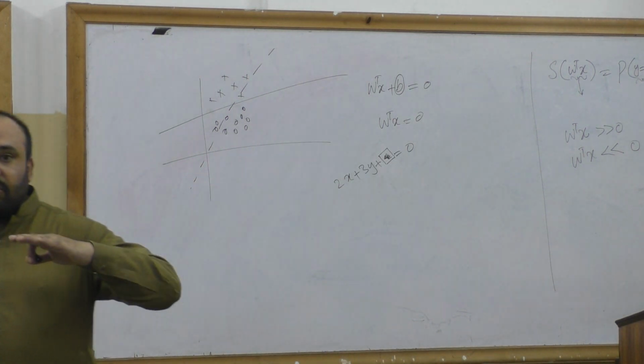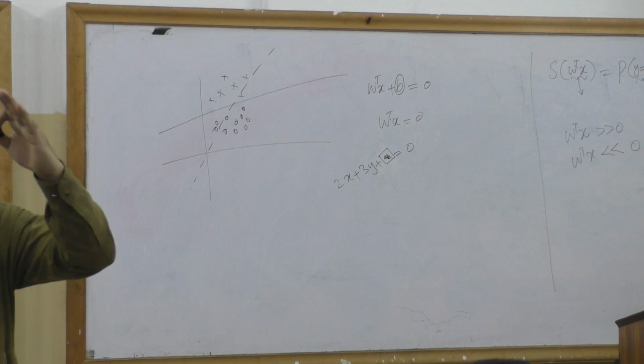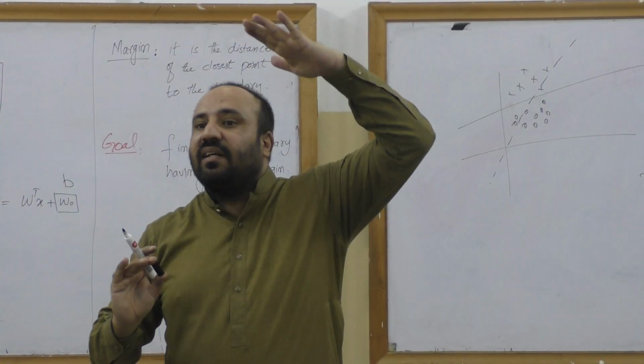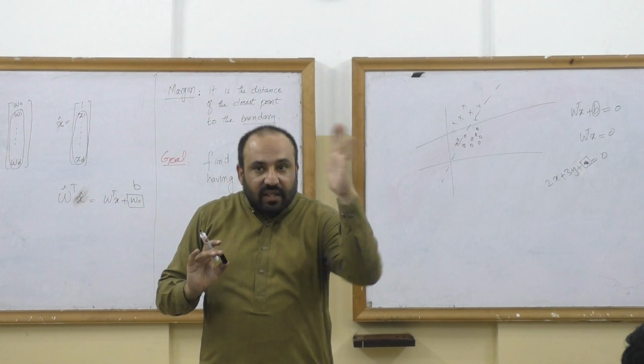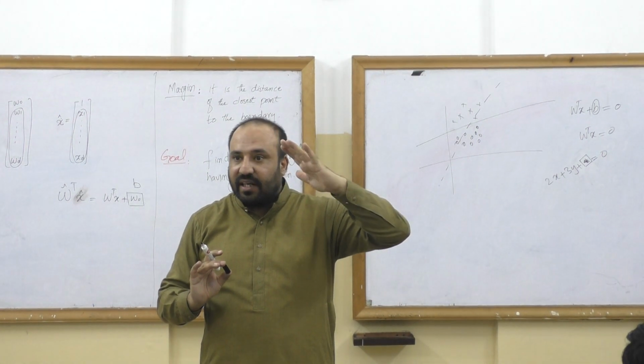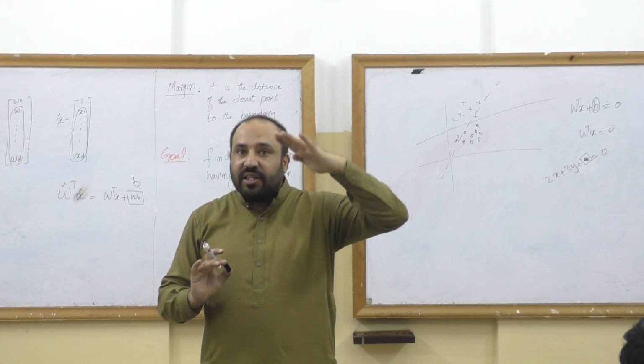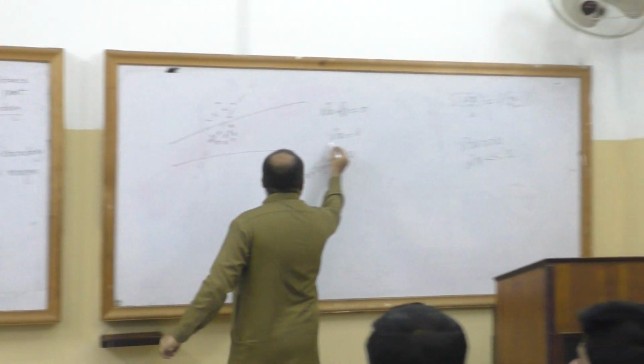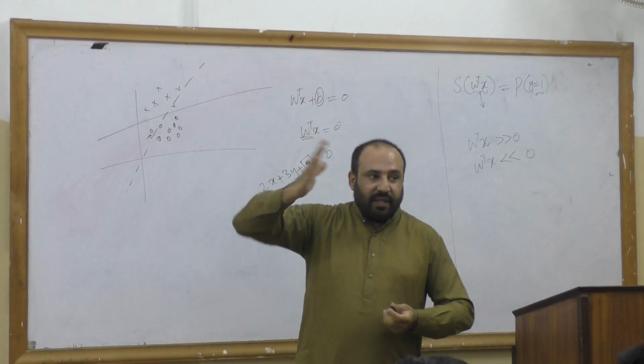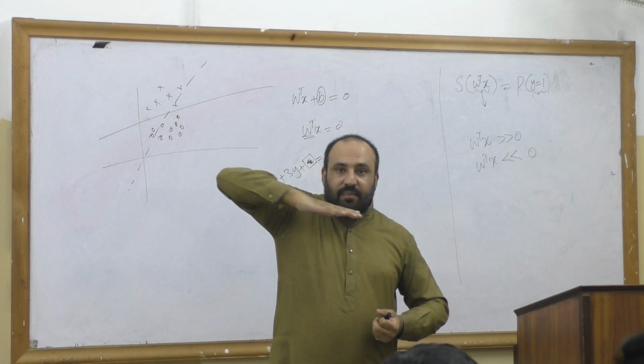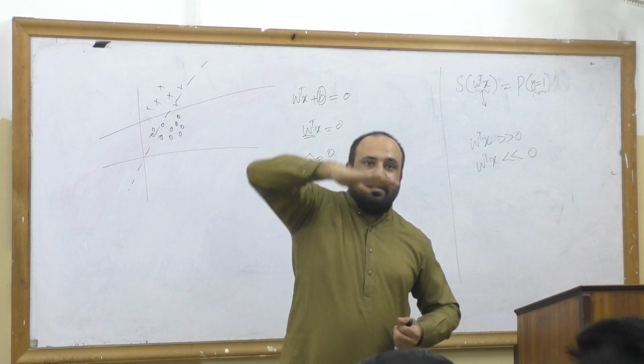It allows you to stay anywhere in the space, and it just shifts; it does not change the orientation of the line or the plane. Whatever plane orientation is defined by W, the direction of the line or the plane. And this B works as a shifting of it.